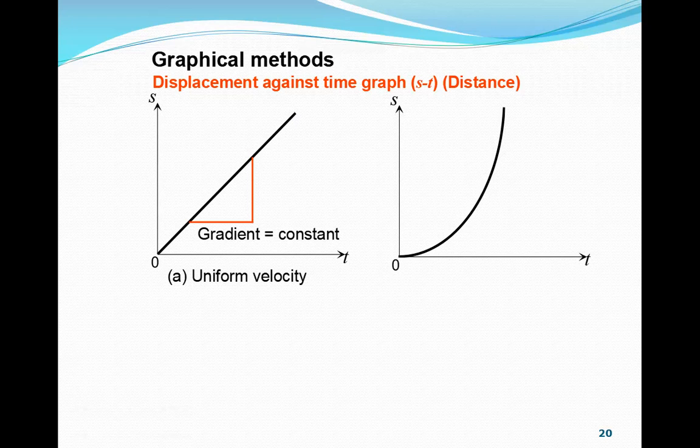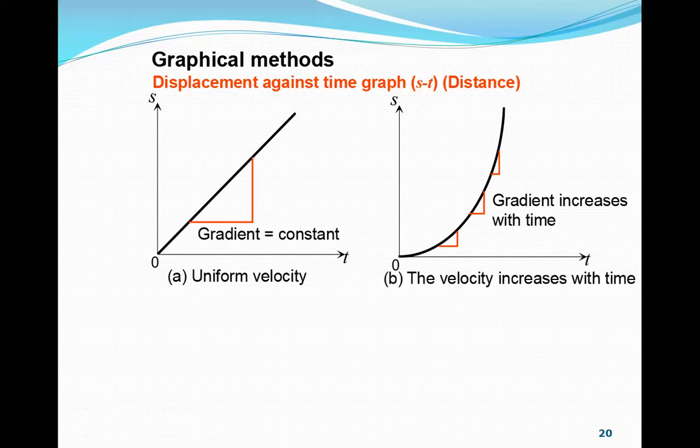This one is right hand, so it's increasing. If I calculate the gradient here, here, or here, it's an increasing gradient. Gradient increases with time, so this shows the speed or velocity increases.